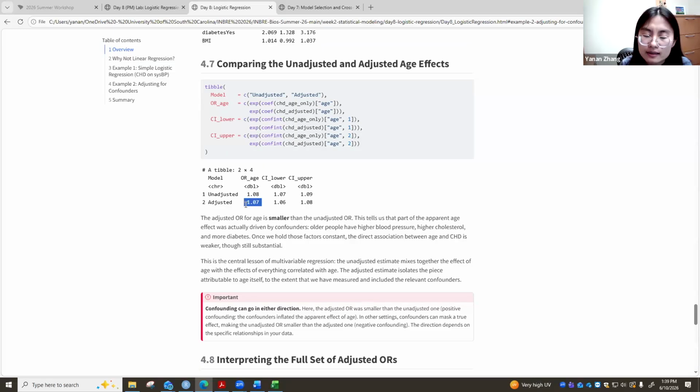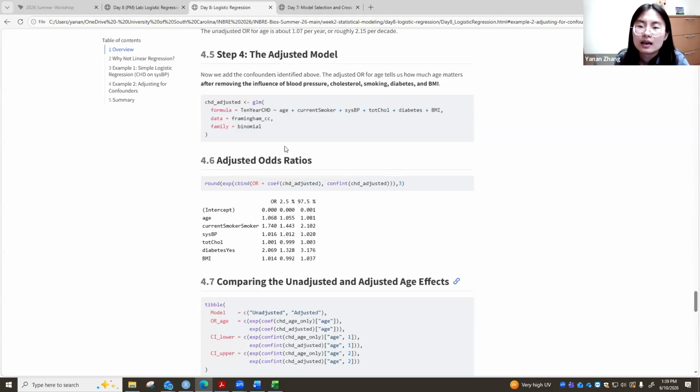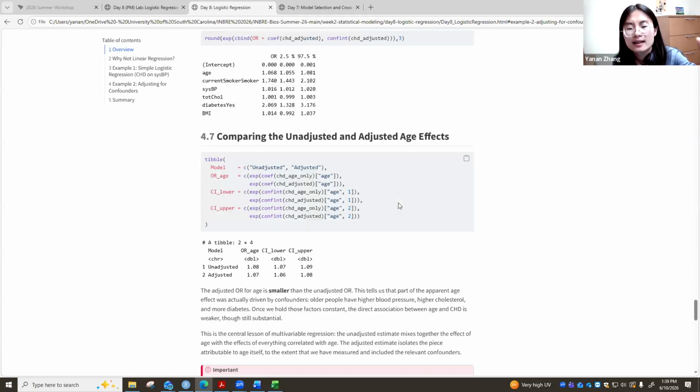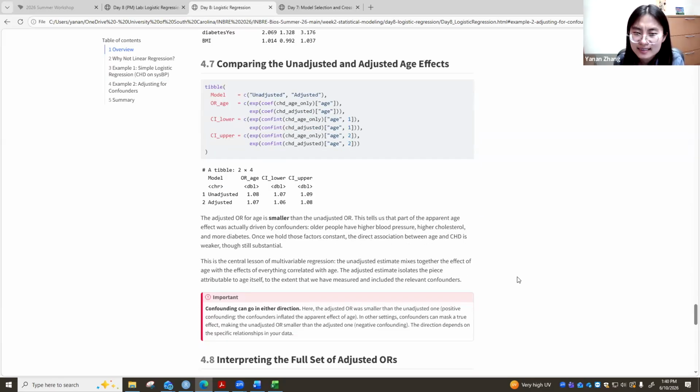But in terms of direction, it goes down. What does this mean? If we consider the confounding effects of smoking, systolic blood pressure, diabetes, and BMI, the adjusted effect of age actually is smaller. Why is that?